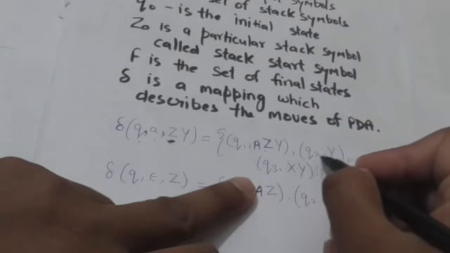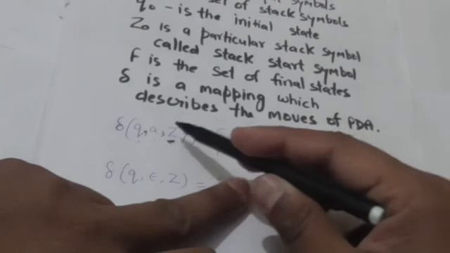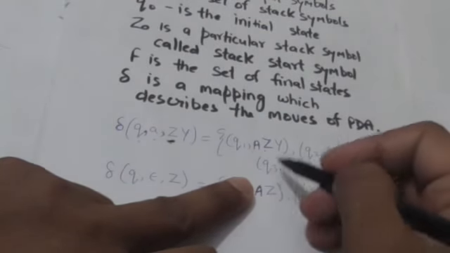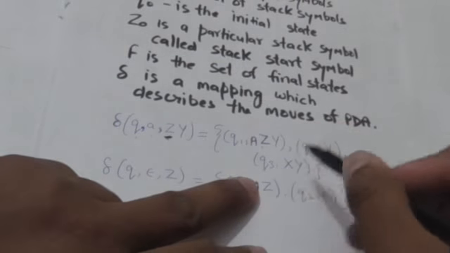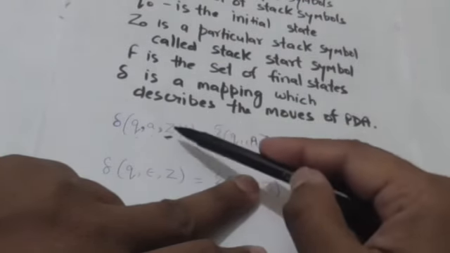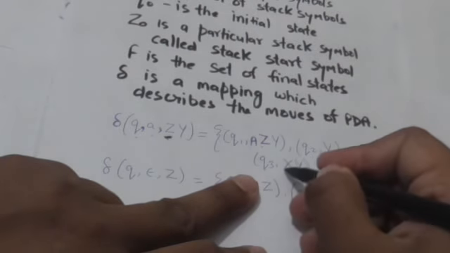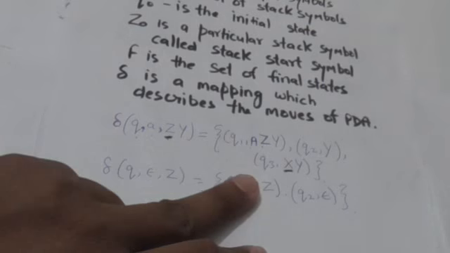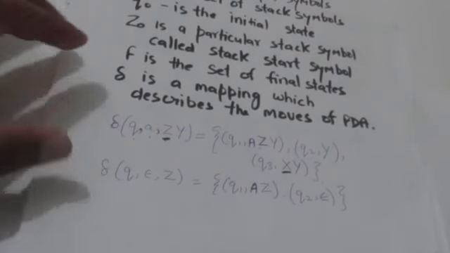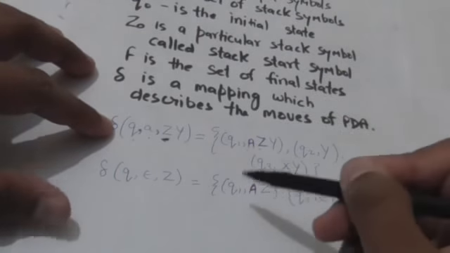It can move to state Q2 and remove the element Z from the top of the stack. And another option is it can move to state Q3 and replace the top of the stack Z by the stack element X, right? So in this way, this delta describes the moves of pushdown automata.